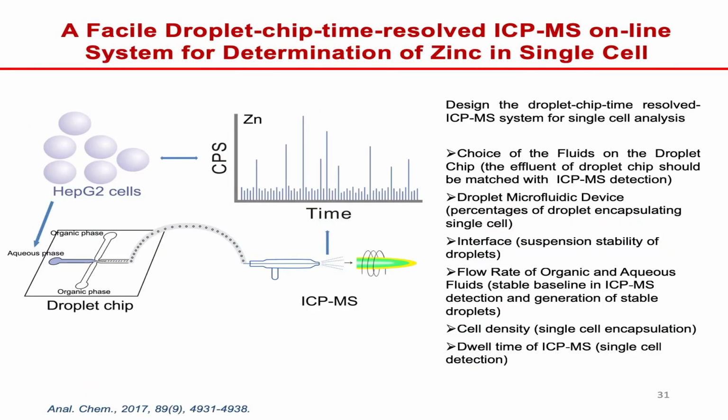Lastly, I will show you a facile droplet chip online combined with time-resolved ICP-MS for single-cell analysis. In this case, we also developed a chip-like microfluidic chip, and then online combined with time-resolved ICP-MS for single-cell analysis.